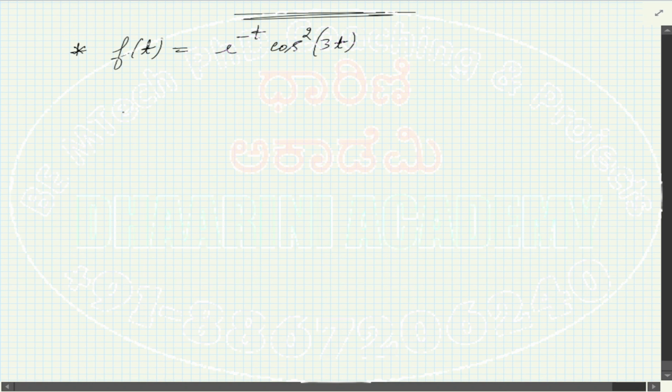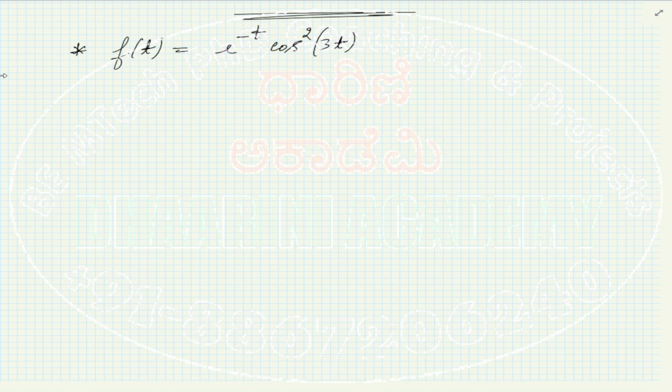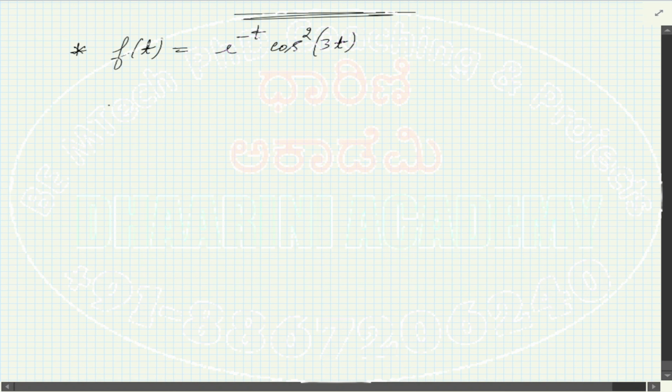First let us start with the cos term and represent that in the 1 plus cos 2 theta format, then we'll take its Laplace, then we'll apply the e to the minus t. So let's start with the cos function. Cos square 3t can be substituted as 1 plus cos 2 theta, so 1 plus cos 3 into 2 is 6t, divided by 2.